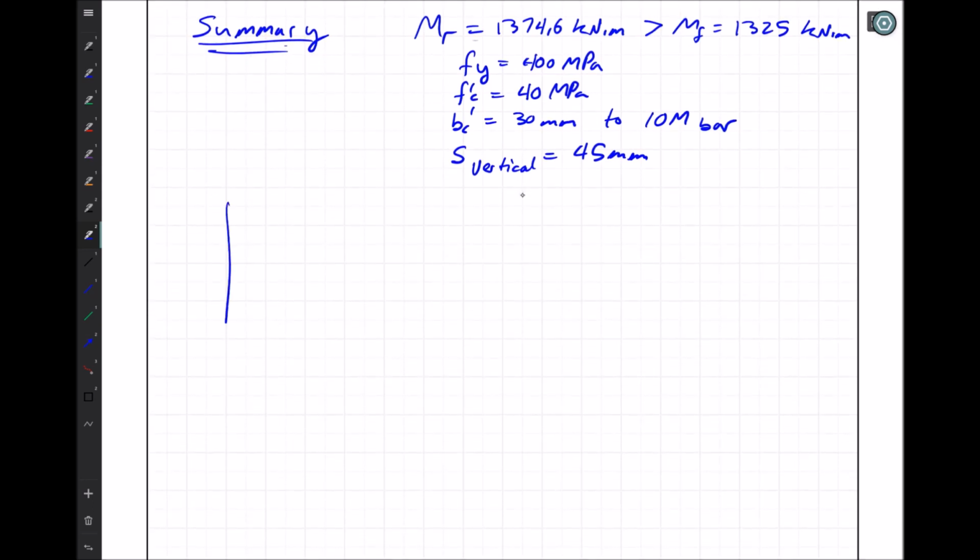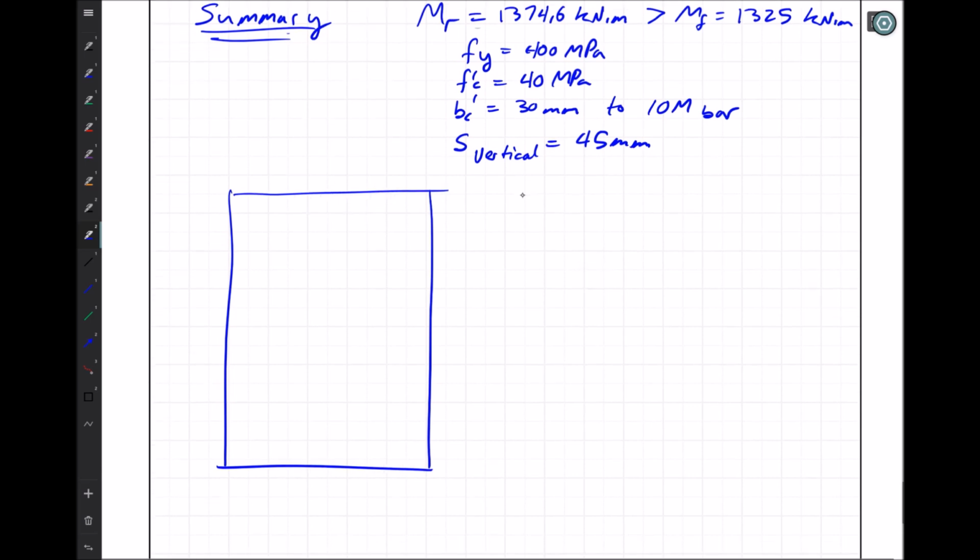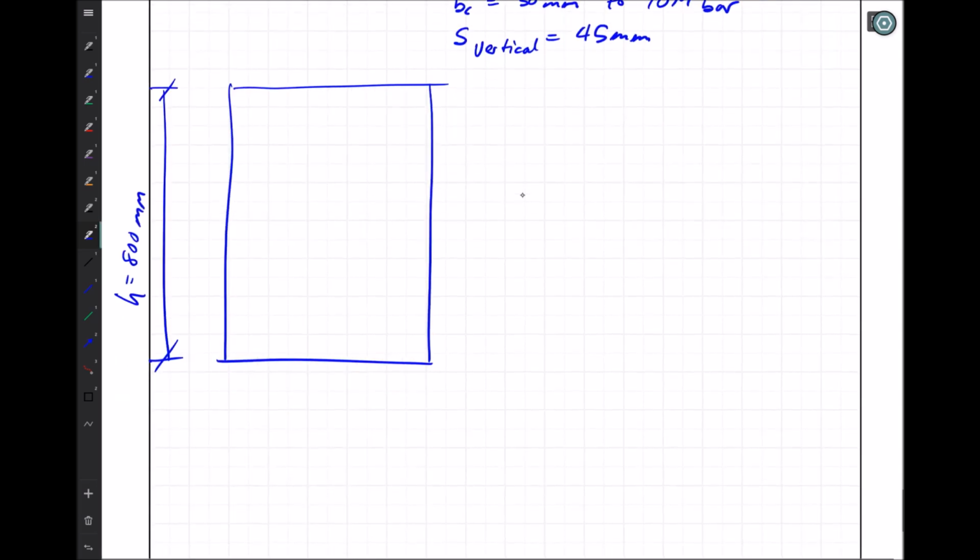Let's give ourselves a little bit of a drawing. Here's our beam. It's got a height here to here of H is equal to 800 millimeters, and it's got a base here to here of B is equal to 450 millimeters.